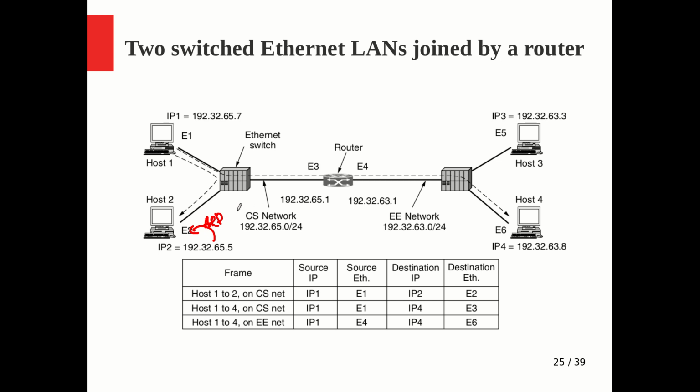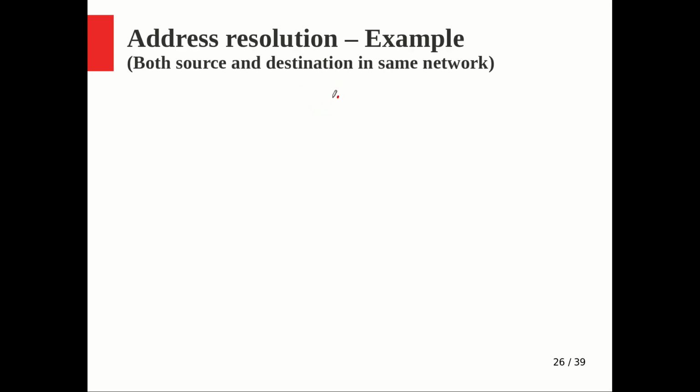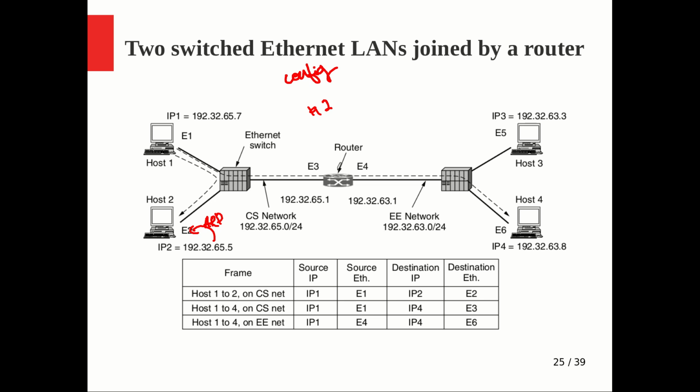One thing is like the domain name system routine or something. What you can do is keep a configuration file, where you will keep the mapping. So 192.32.65.5 corresponds to E2.